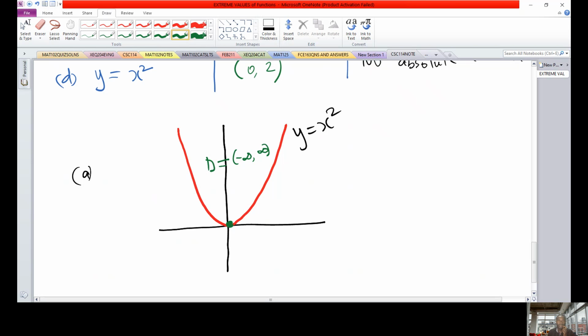This is what you are referring to as the absolute minimum only. This arm and this arm continue indefinitely in the positive y direction.